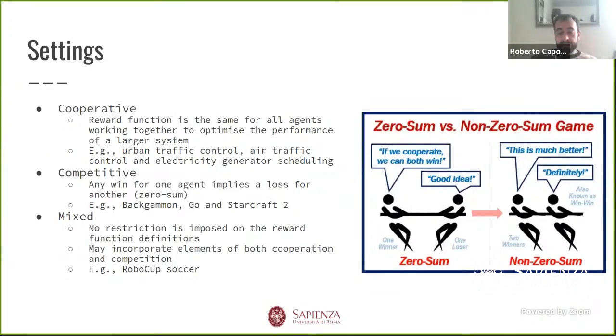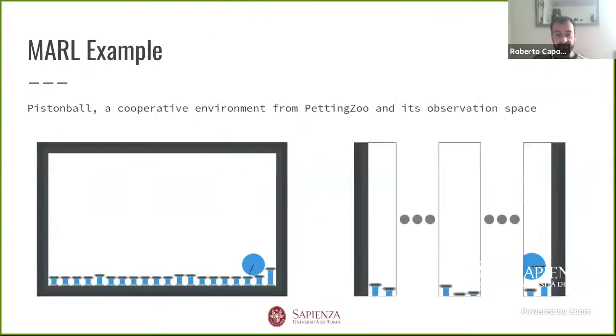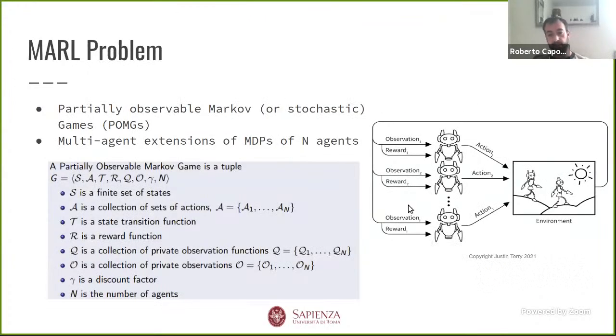Typically, the settings in which you can do multi-agent reinforcement learning can be three. One is the cooperative setting, another one is the competitive setting, and finally we have a mixed setting. So the cooperative setting is where the reward function is the same for all the agents. Depending on whether the reward is the same or different, we get different categorizations of the problem.